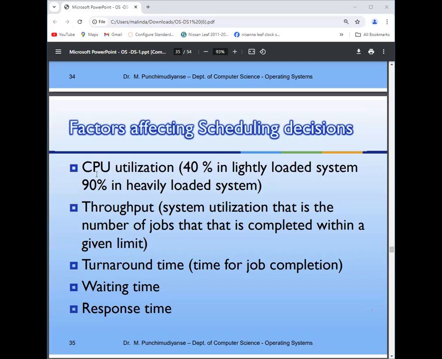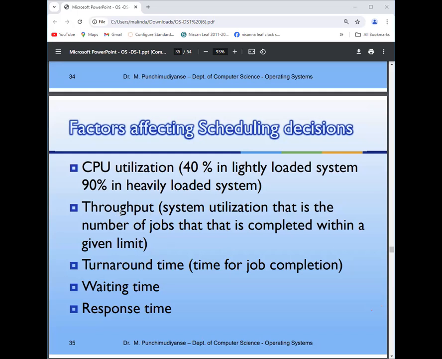So when you take the scheduling decision of putting new jobs onto the CPU, it is important to consider the utilization of the CPU. The next thing that you need to think about in scheduling is called throughput. That is the number of jobs that are completed within the given limit.